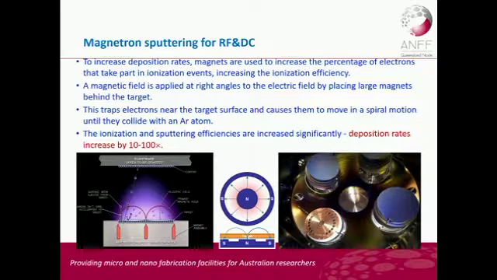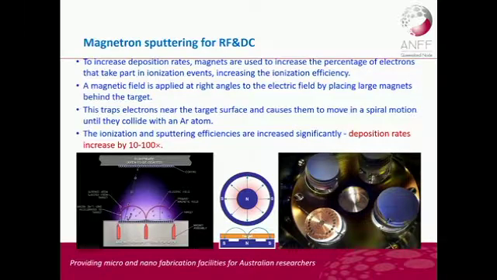There's another technique called magnetron sputtering. Sputtering was invented in the 1940s or 50s, but it wasn't used widely until magnetron sputtering was invented, because in the past, without magnetron sputtering, the deposition rate was very low.